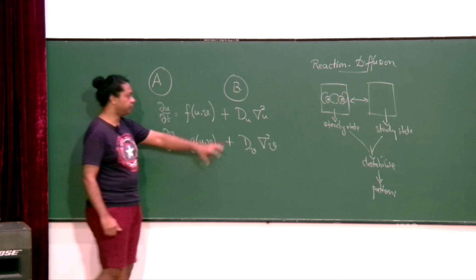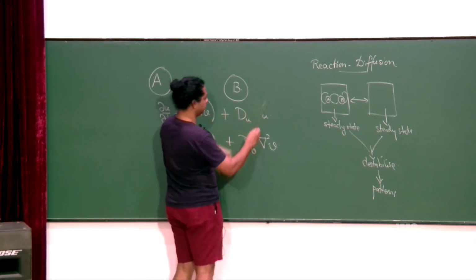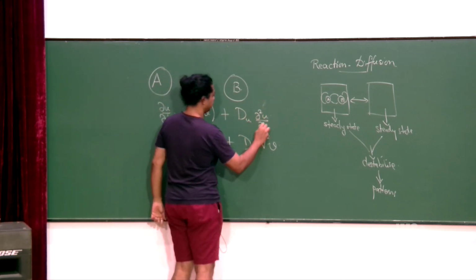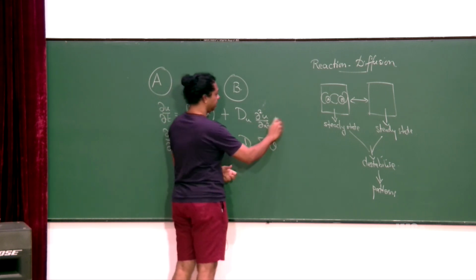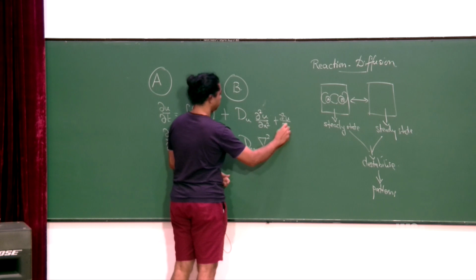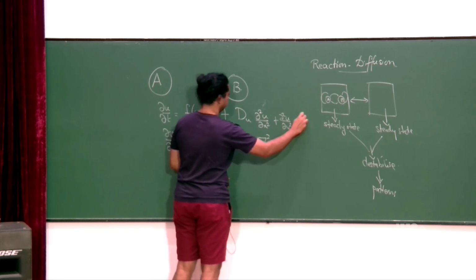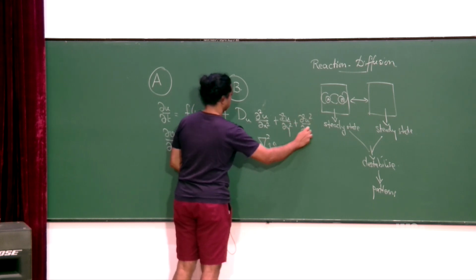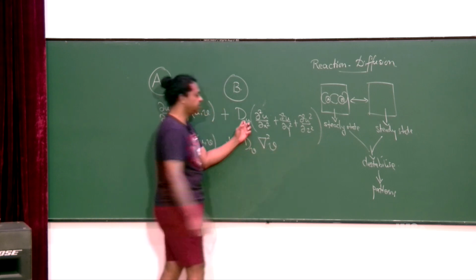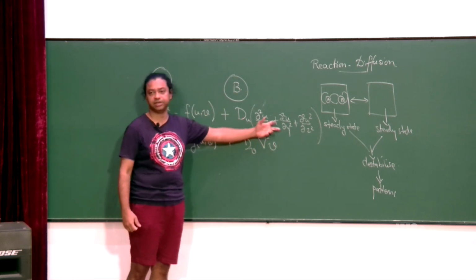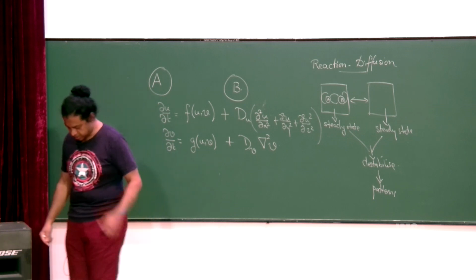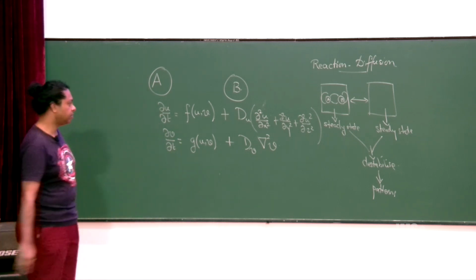For those of you from a biological background, you can think of this as nothing but del 2u del x2. If you are diffusing in 2 dimensions, it would be del 2u del x2 plus del 2u del y2. If you are diffusing in 3 dimensions, there would be a del z2. So the structure of the equation stays the same. It's just that depending on the spatial dimensionality, you have these partial derivatives in all the dimensions.